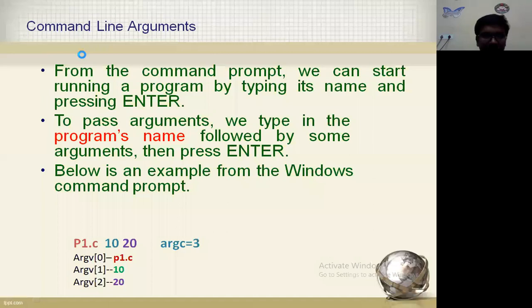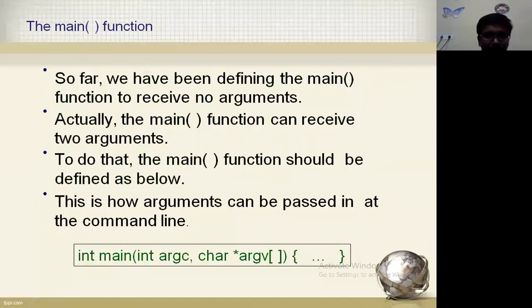According to this ppt, the main function contains two arguments. The first one is argc, which is int type. The next one is argv, which is a character pointer array, that is, an array of strings.